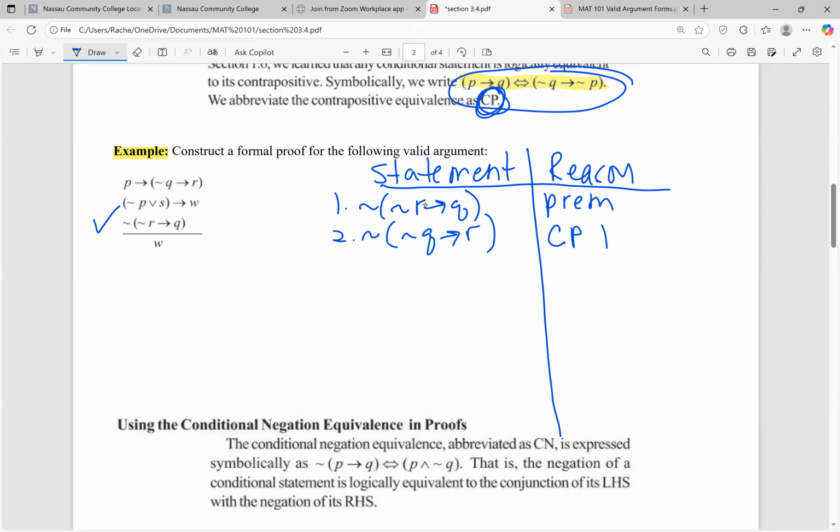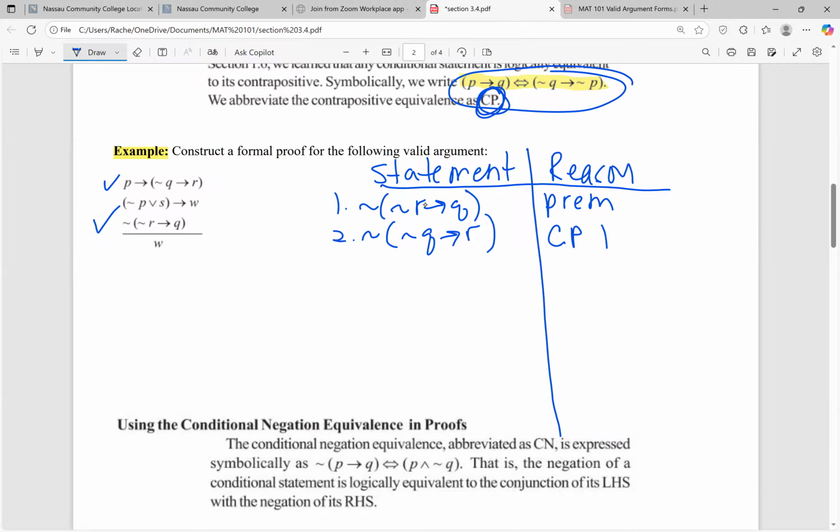Now I'm thinking I have a conditional in the first premise, and I have now the negation of the right-hand side of it as statement 2. So that looks like modus tollens to me, right?